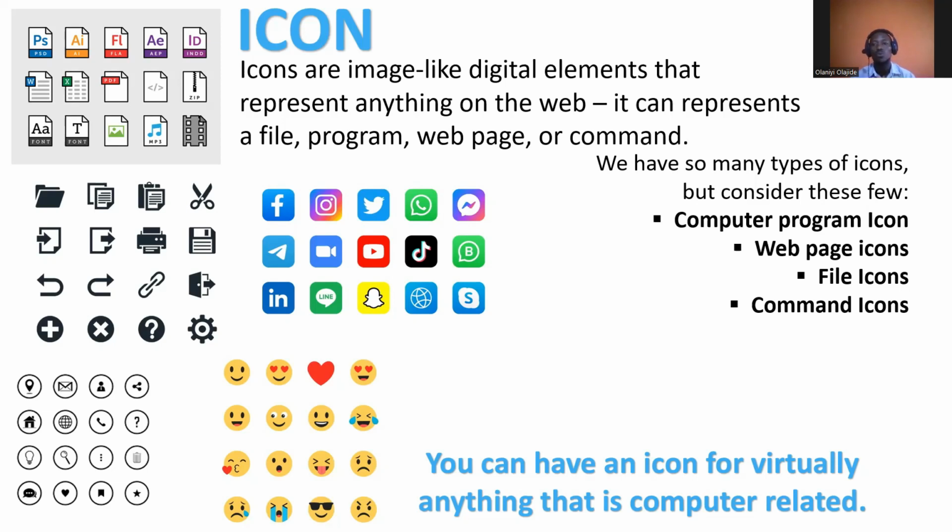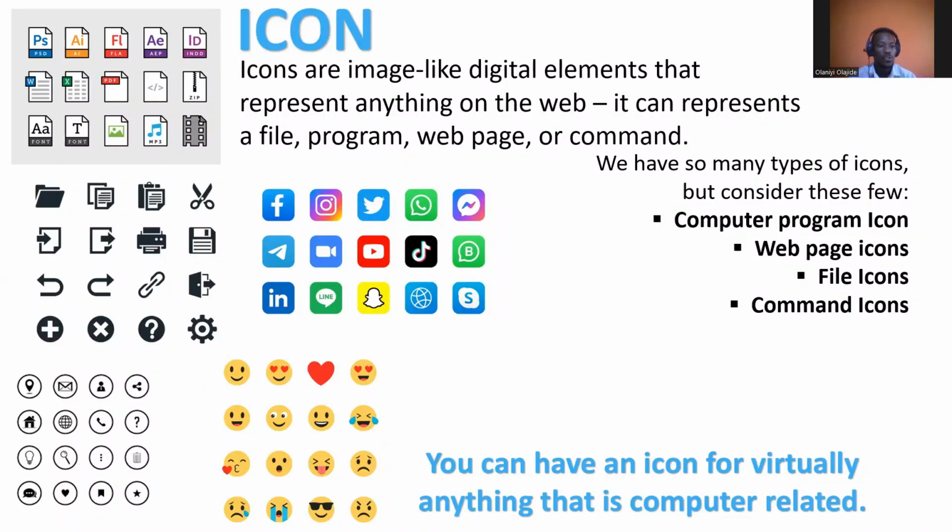Then we also have what we call web page icons. Web page icons are icons that you can find on a website. For example, I have here this image on my left-hand side where you have a house icon, which means if you click on it, you are going to the home page of the website. We also have the location icon, probably the location of where the business or the organization is.